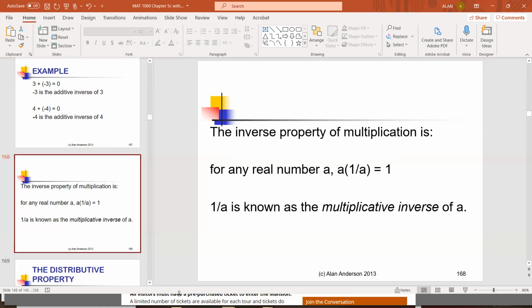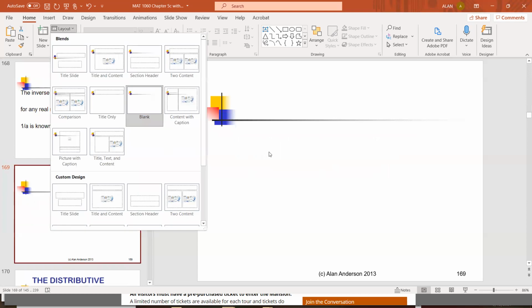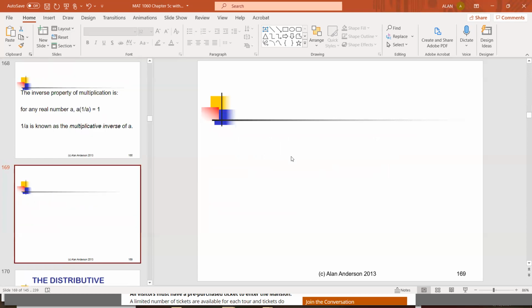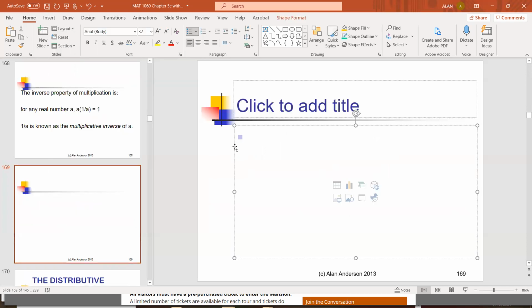Okay, so just as a quick example, and I'm sure this will be very straightforward. 3 times 1 over 3 equals 1.